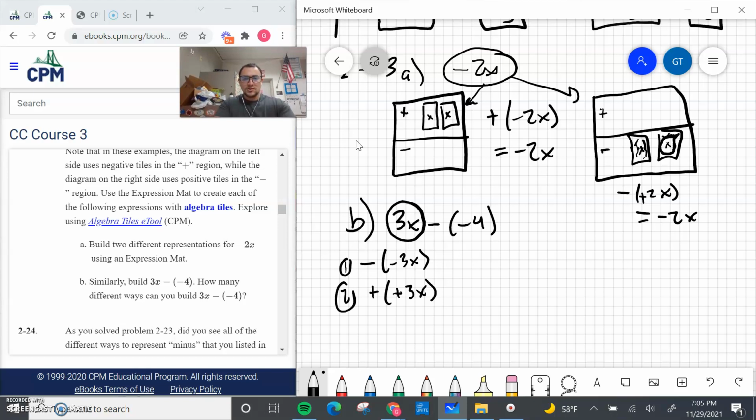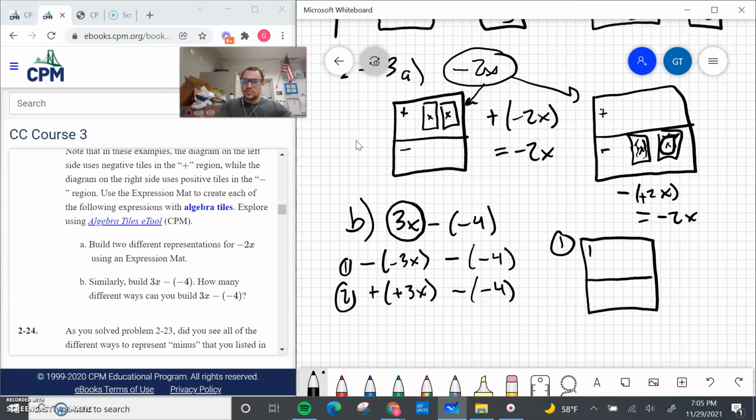So that's 1, 2, and then we'll just say that this is going to be minus, which is going to be subtracting negative 4. And so that means we would be in the negative region of negative 4. And then we would also be in the negative region of negative 4. So I'm going to go ahead and build one right here, just so you understand, positive, negative, and that is going to be nothing in the positive, and then we're going to have 3 x's, 1, 2, 3 x's, and 1, 2, 3, 4.